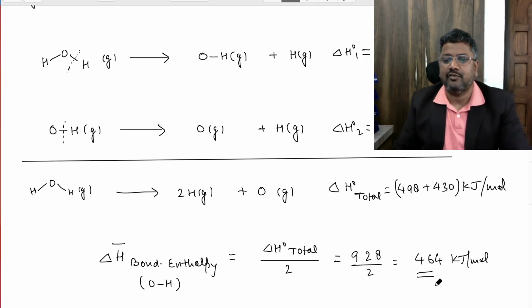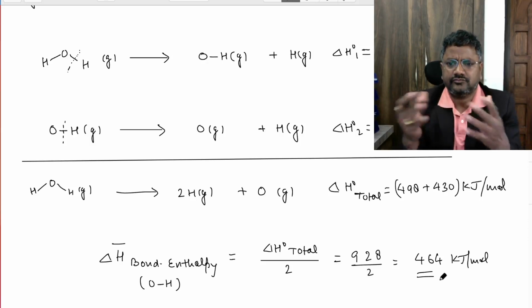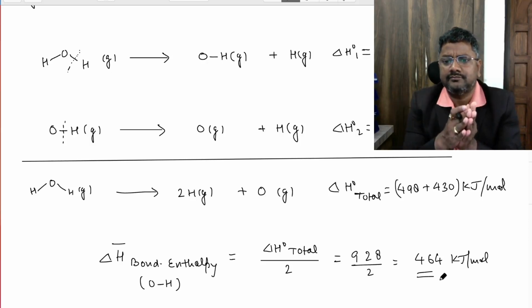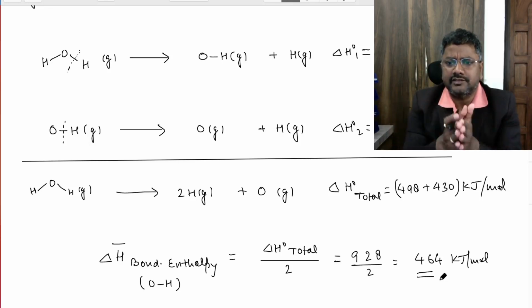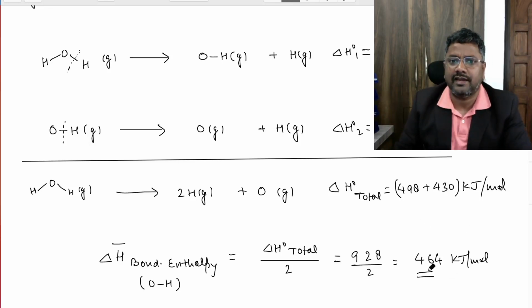So in case of polyatomic molecules, we can express the bond energy as an average value, right? This is very simple, and this is called enthalpy of atomization here in polyatomic molecules. This total energy required for this, this is 498.